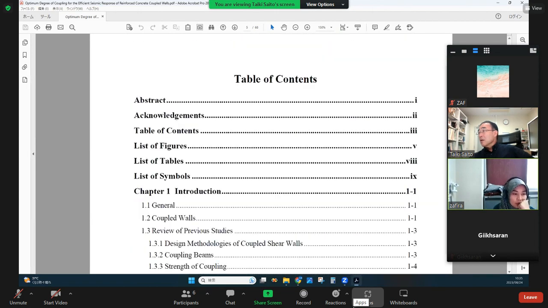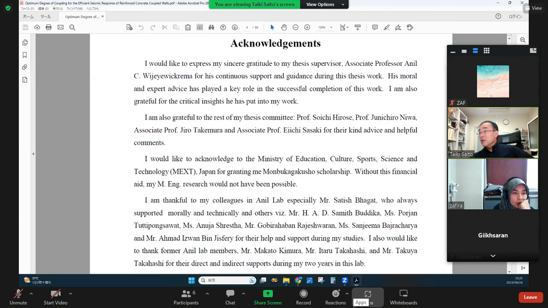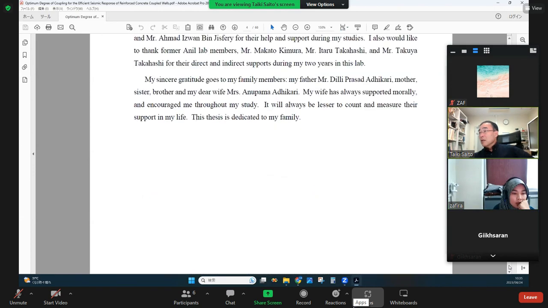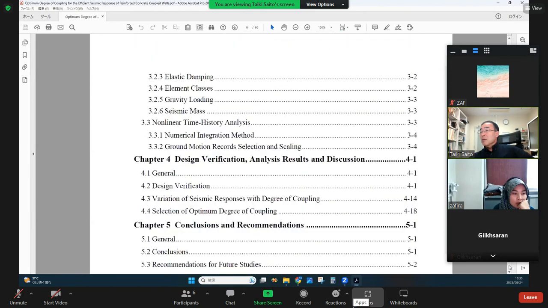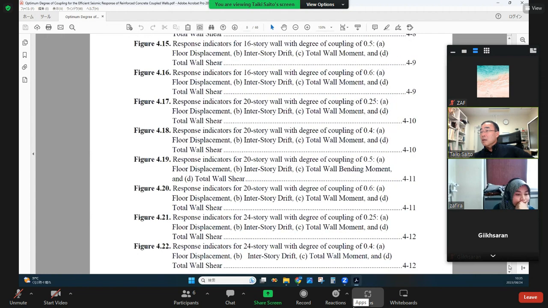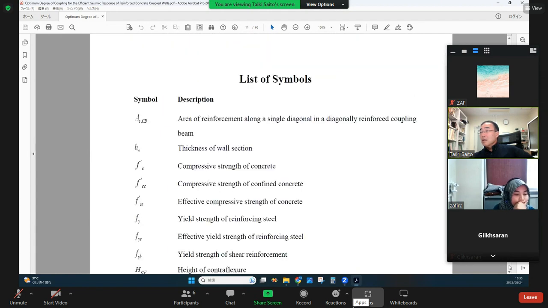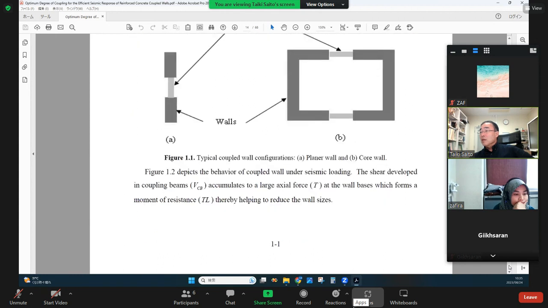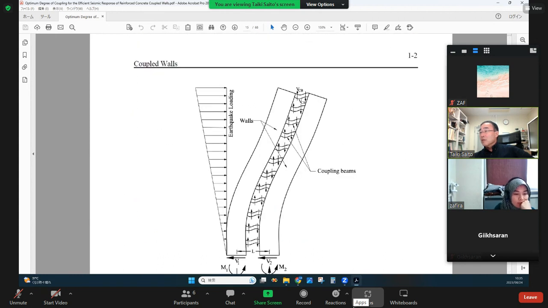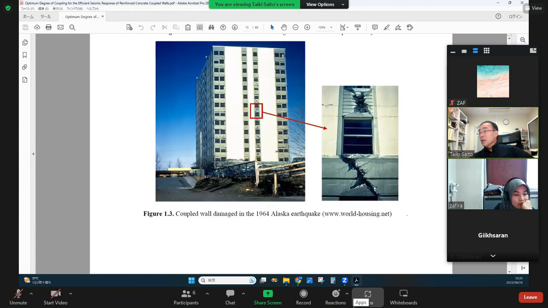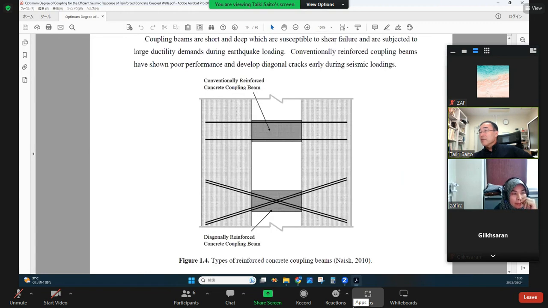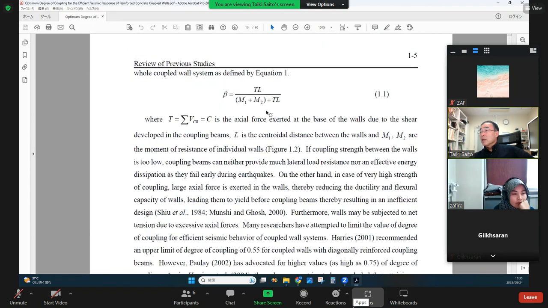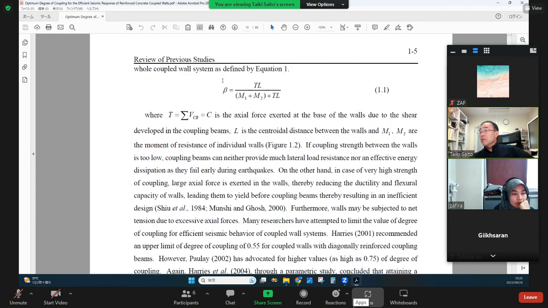Yeah, this is from the University of Tokyo, I think, from China. So this is a coupling beam. I think this paper is very nice. And this is a kind of ratio, the coupling ratio.